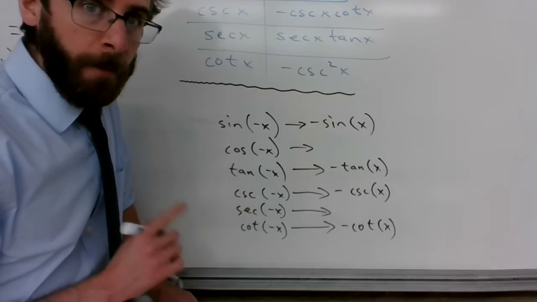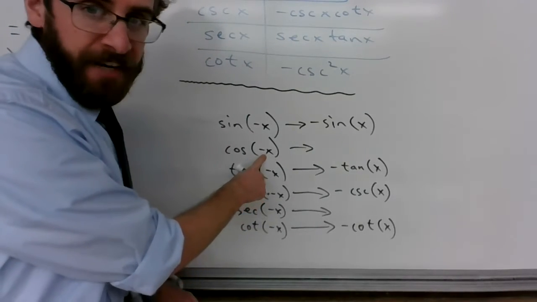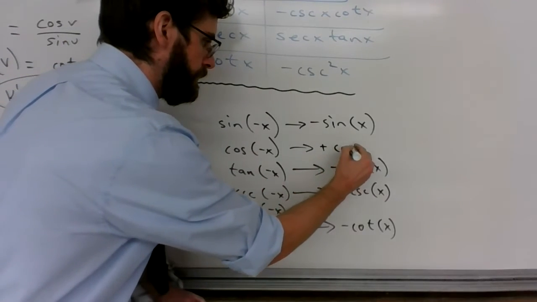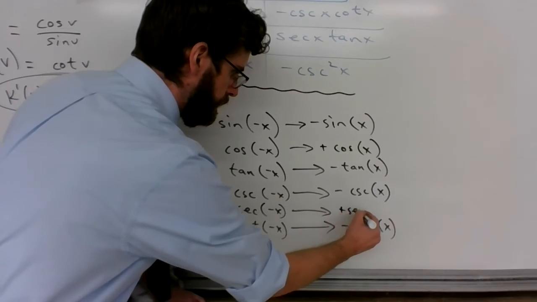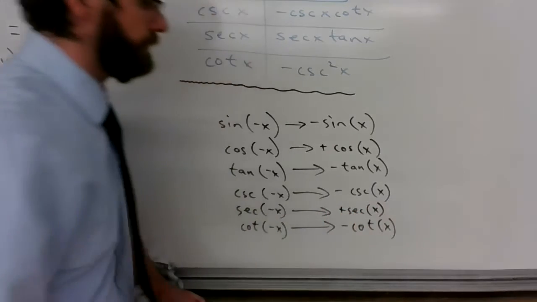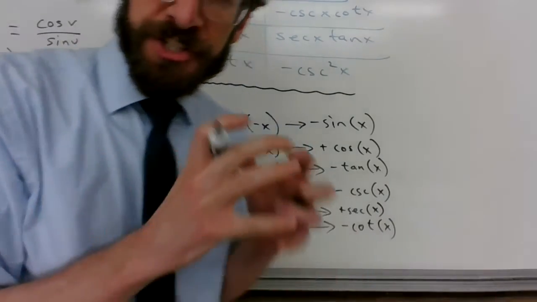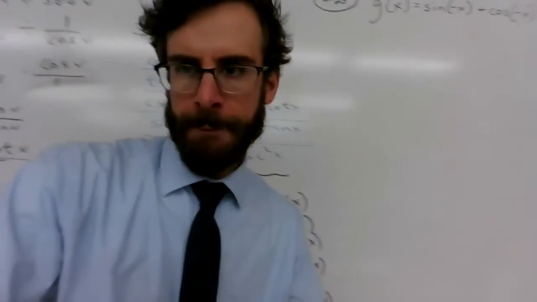Cosine and secant are both even functions. They're the ones that, when you plug in a negative x, you still get a positive y. Anyway, 25 was reaching back to that pre-calc concept to just keep it fresh for you.